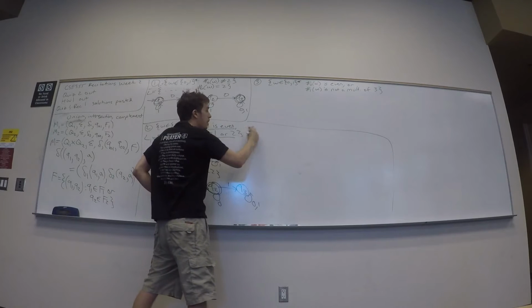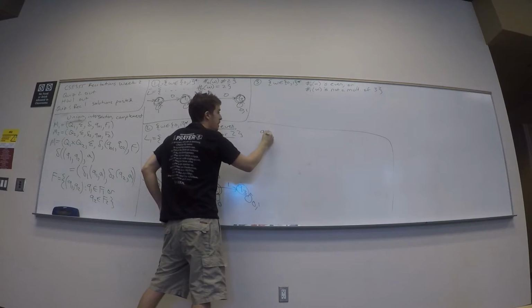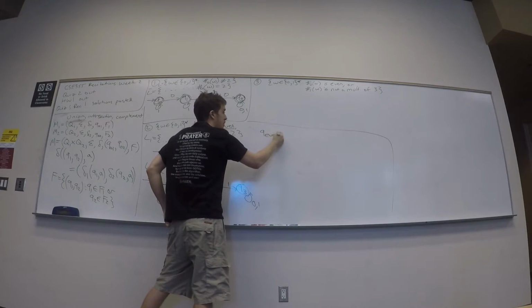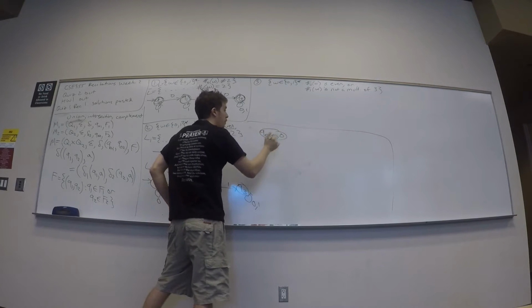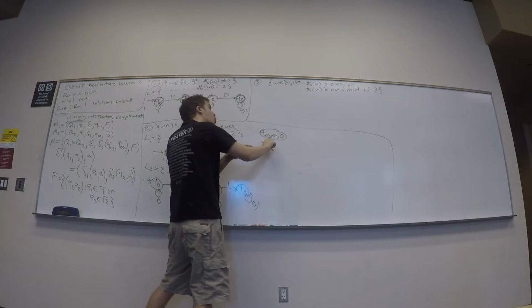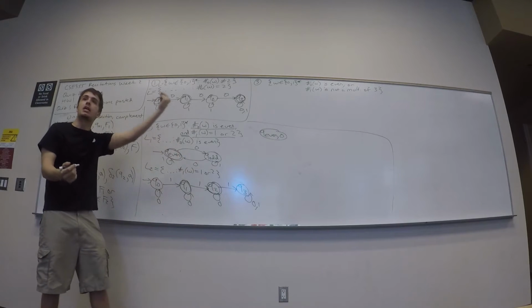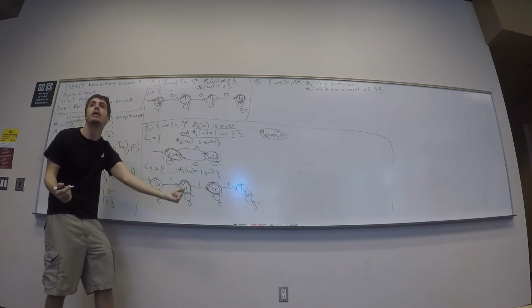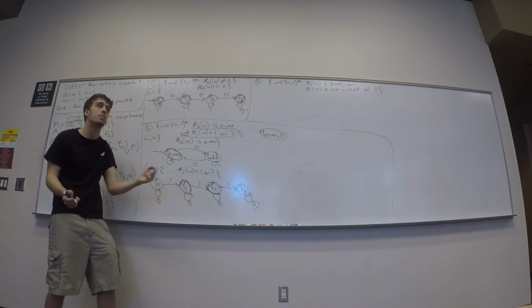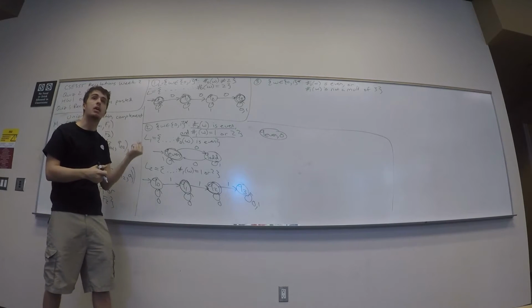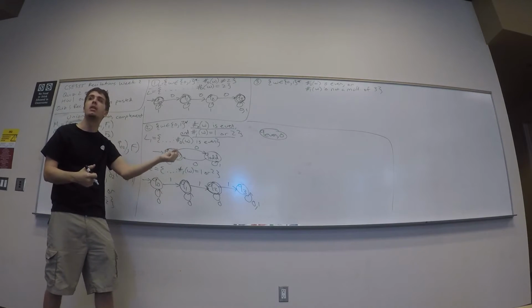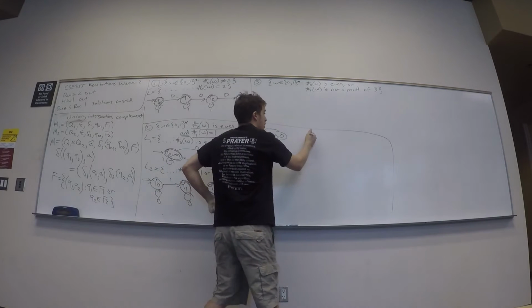And the way that I usually write this is with 2 subscripts. So, for example, Q even 0 corresponds to being in Q even in the first machine, Q 0 in the second machine. All right? And so now I'm going to make a Q even 1, Q even 2, Q even 3, and then the odd ones.